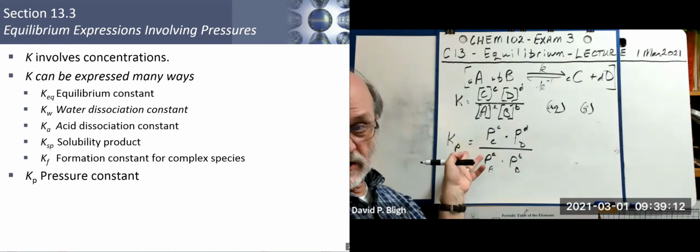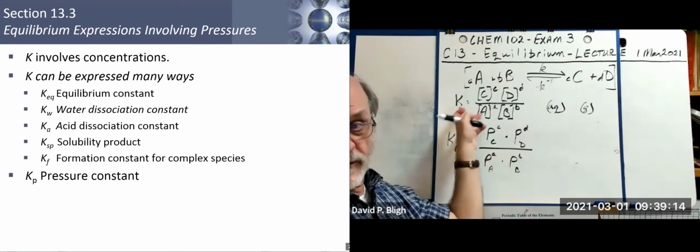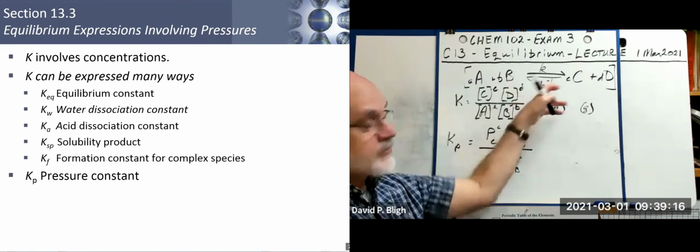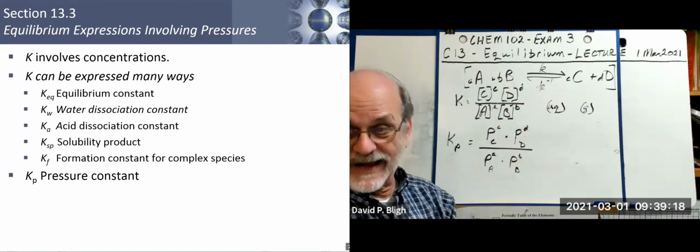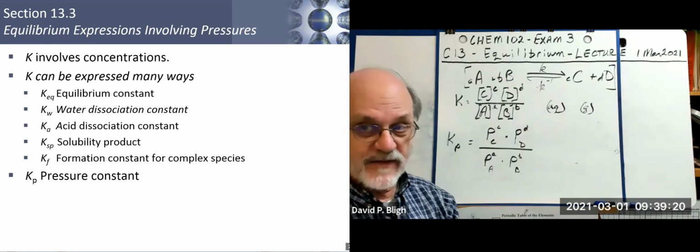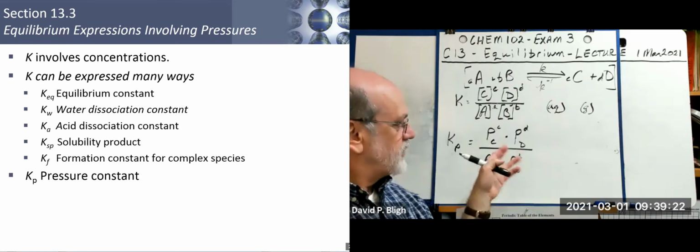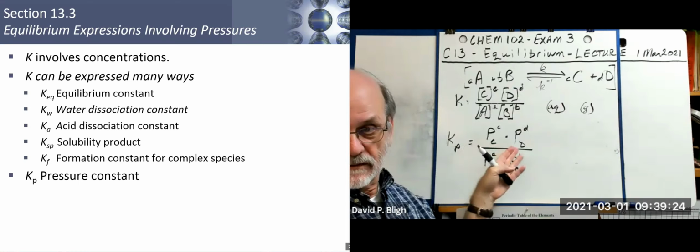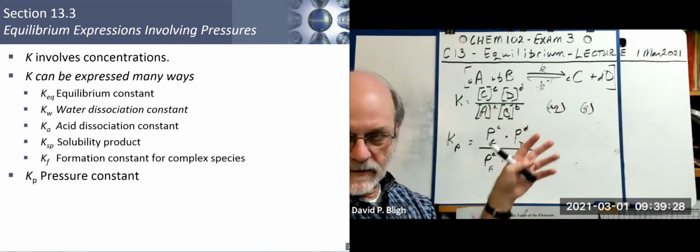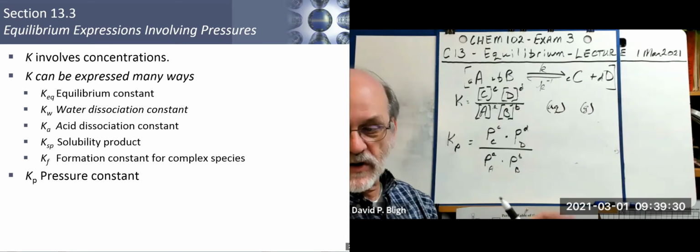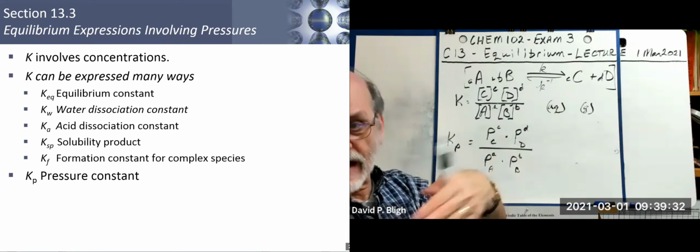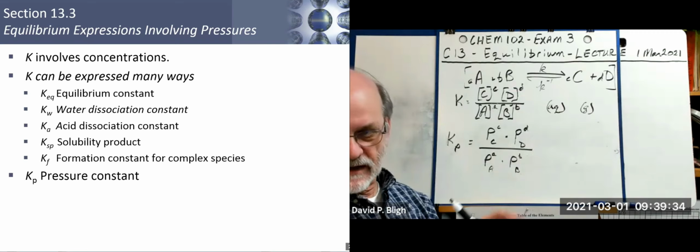And this expression will be different from the K. If you express those terms, those gases, as molarity, you get a different K value. If you express them as atmospheres, partial pressures of each one in atmospheres, you get a different K value. Now they're related, and I'm going to show you how to transition back and forth, but that's just a teaser to let you know that it's coming.